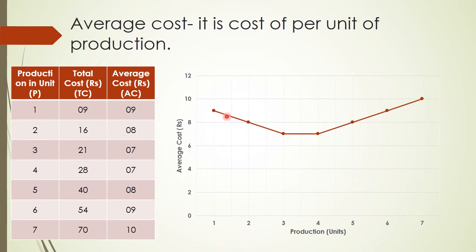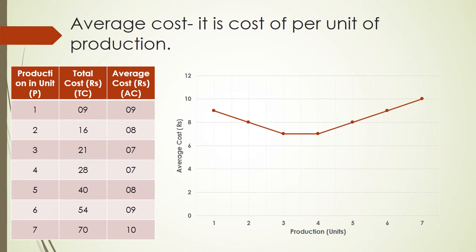We can say that as the level of output increases, your total cost also increases, right? But initially what will happen? Initially your average cost will fall or decrease. See, in the starting period your average cost is falling, but after that it remains constant for some time, and then subsequently it rises, right?